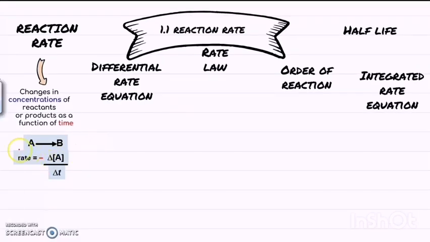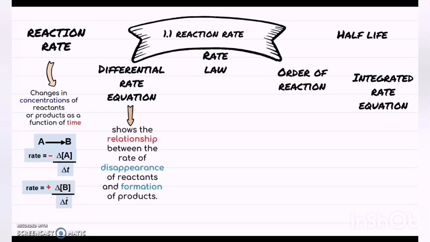So the rate of A is equal to negative change in concentration of A over change in time. While to calculate the rate of formation of B, I put the positive sign here to show that the concentration of B is always increasing. So the rate of B is positive change in concentration of B over change in time.